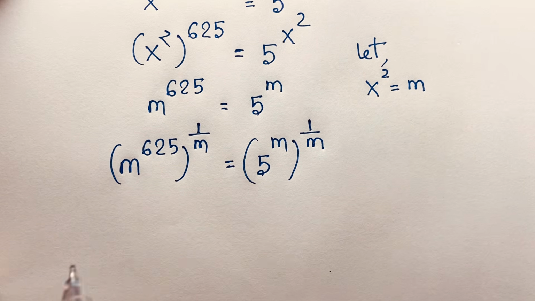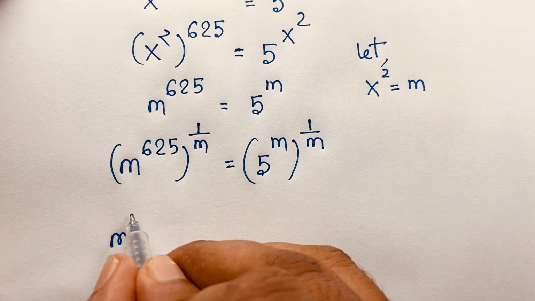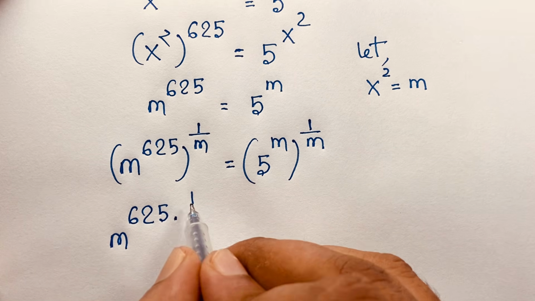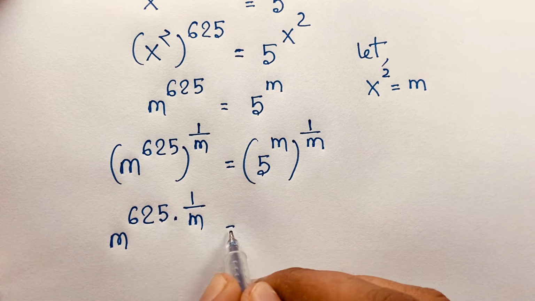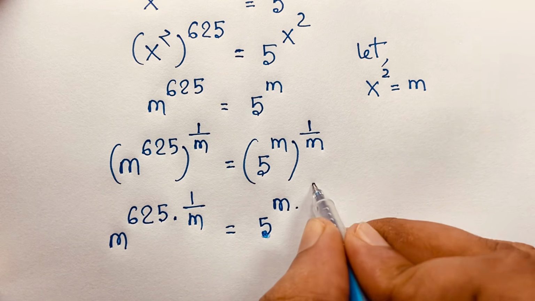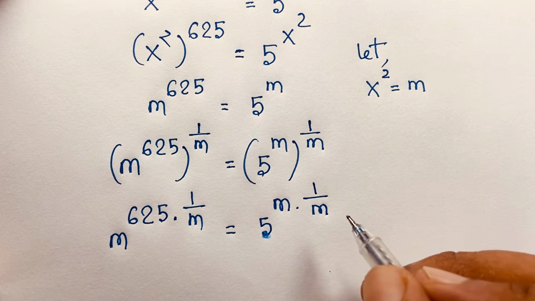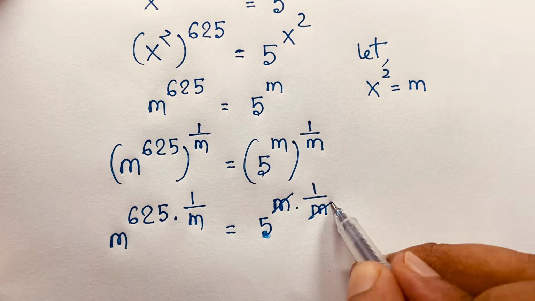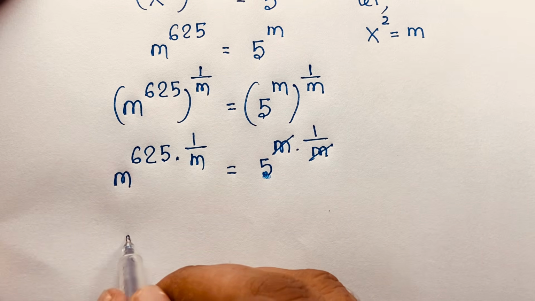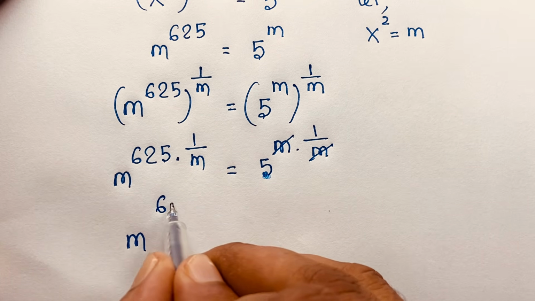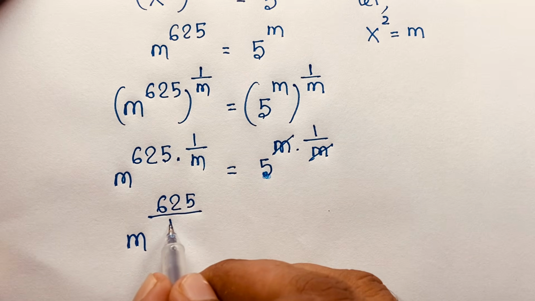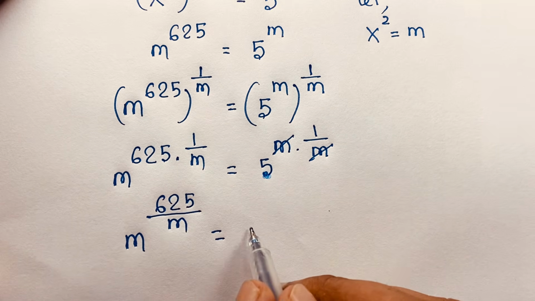Now this expression will be m to the power 625 times 1 over m is equal to 5 to the power m times 1 over m. Now this m cancels out. We'll find m to the power 625 over m is equal to 5.